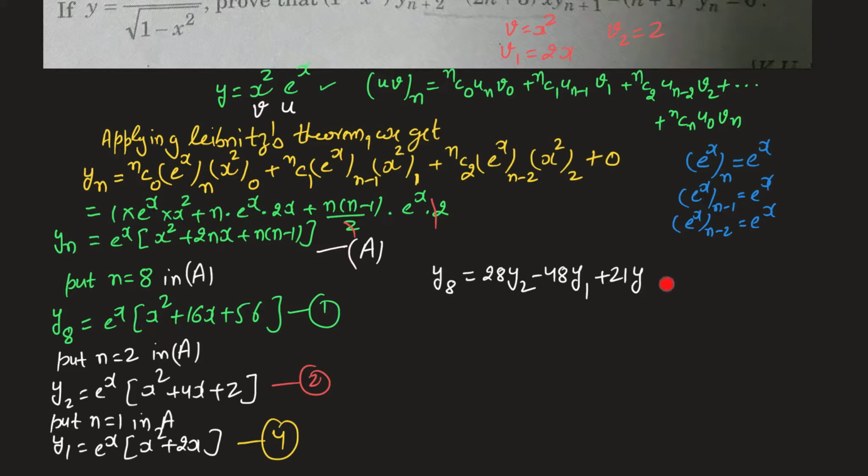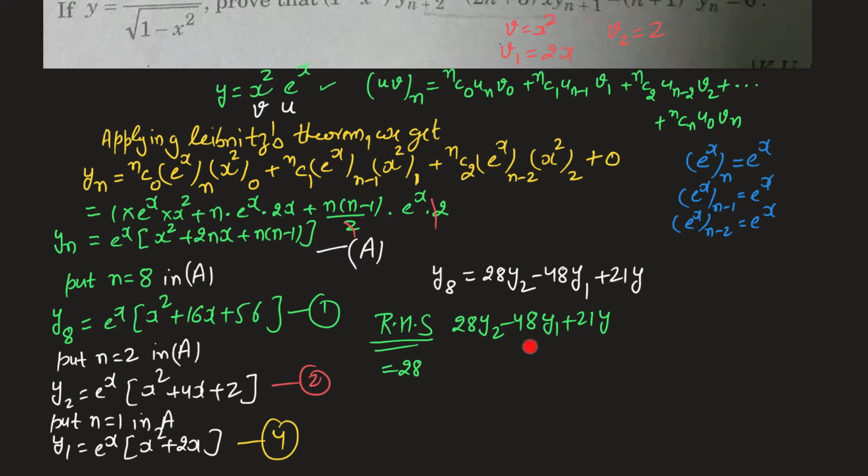Now we will be working upon the right hand side, and we will try to establish that the right hand side is also equal to y8. So 28 y2 minus 48 y1 plus 21 y. What is the value of y2? You see over here, this is y2, and this is y1.